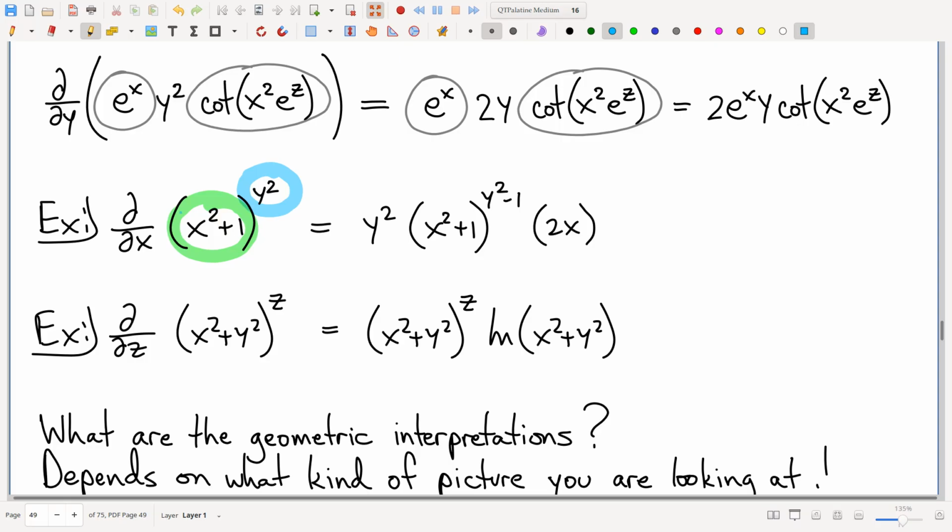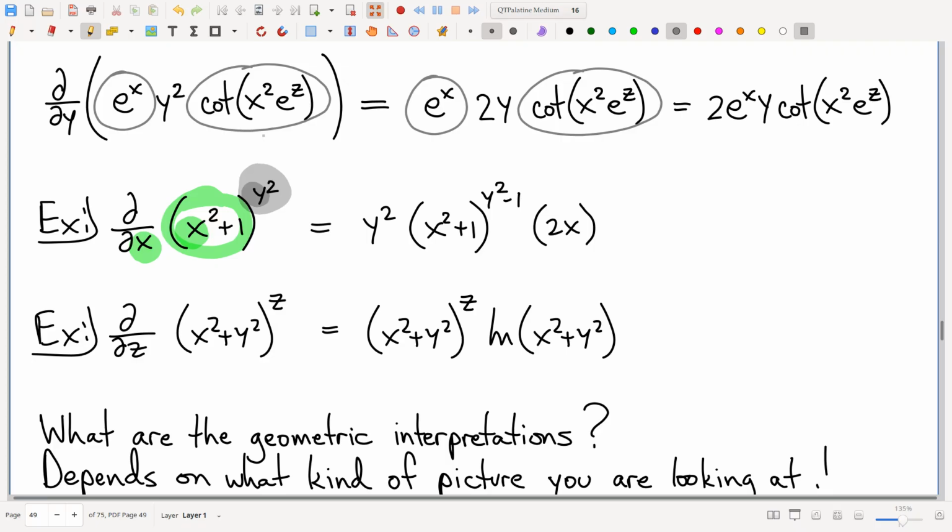Neat trick. However, in this case, keep in mind, we're taking a partial with respect to x. That means x is the variable. So this is some function of x, and all the other variables are constant. So y is a constant. Therefore, y squared is a constant. And therefore, this doesn't require logarithmic differentiation at all.